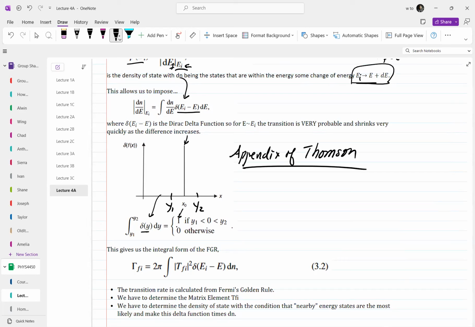But if I'm integrating from y2 to y1 where it doesn't include this peak, you're going to get an integral of 0, because you're adding up zeros all the time. Basically you have infinity divided by infinity, and you get 1. Math people will yell at us, but it's okay. They're not here.